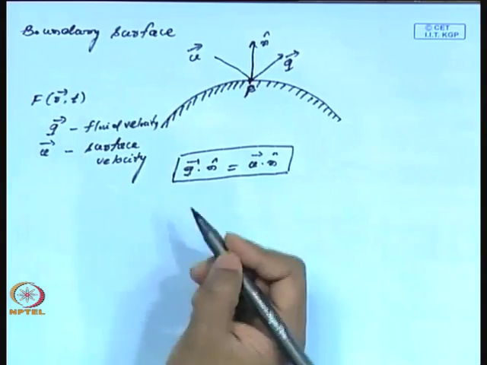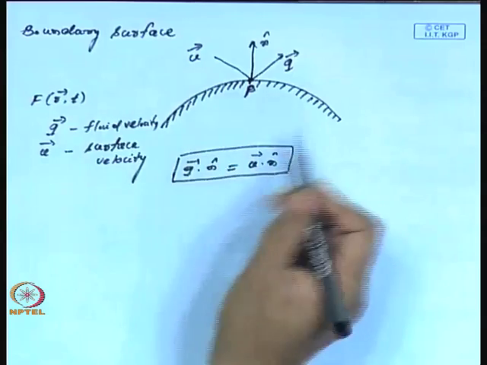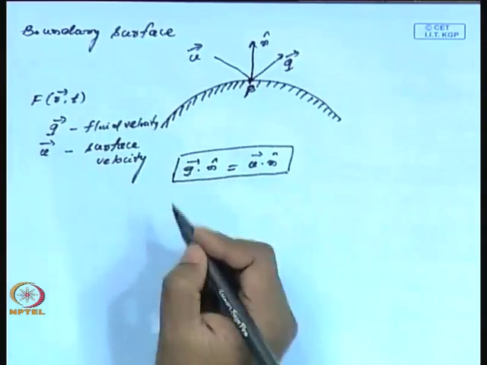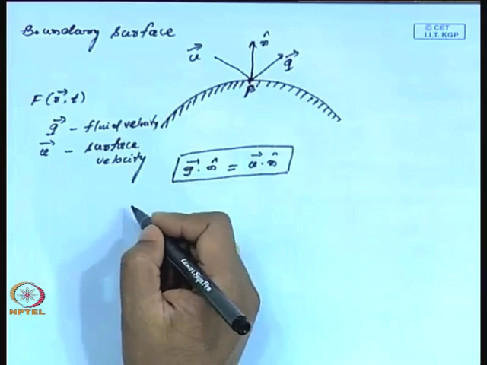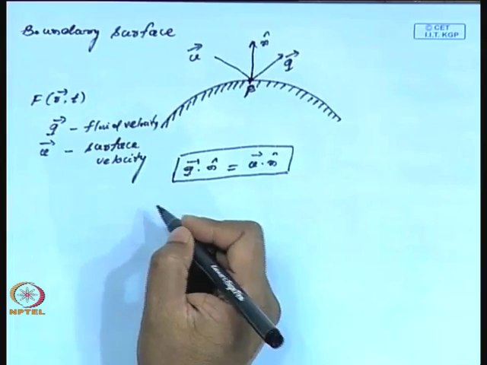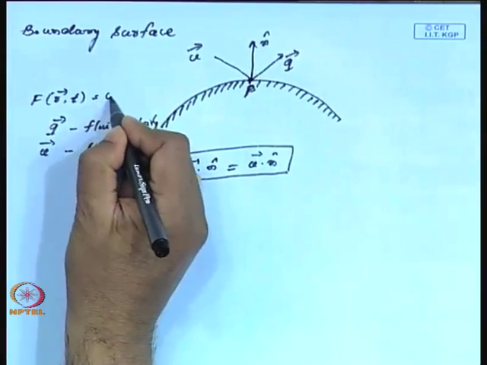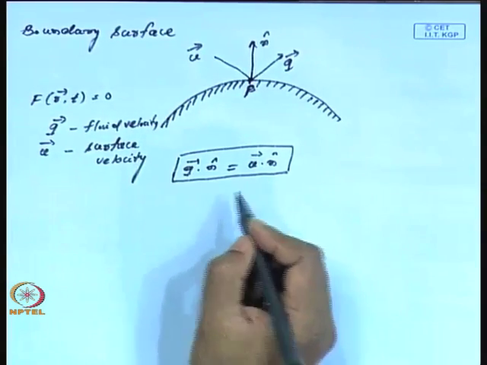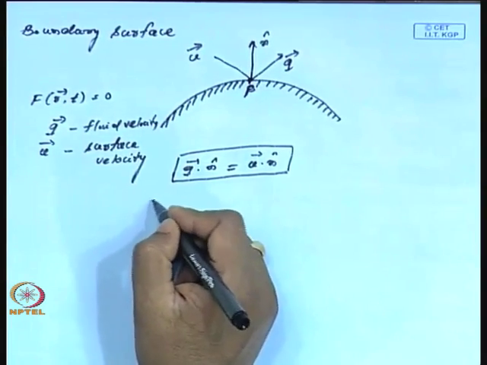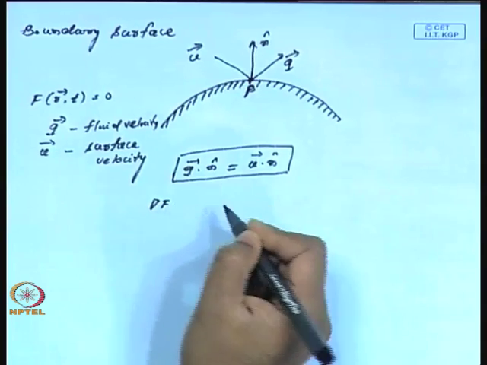And now further, f is the surface. If I call this surface psi equals 0, so what will happen if this is the surface given by f of r bar, t is 0, and what is grad f?